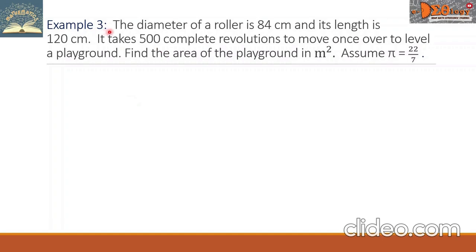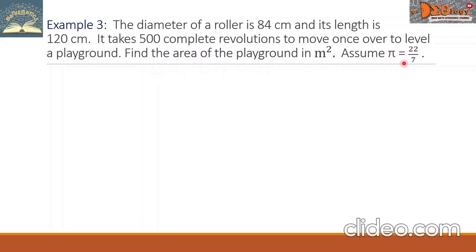Example 3. The diameter of a roller is 84 centimeters and its length is 120 centimeters. It takes 500 complete revolutions to move once over to level a playground. Find the area of the playground in square meters.